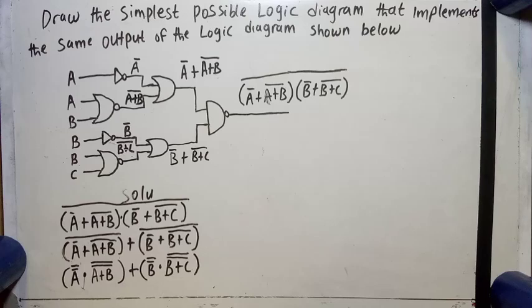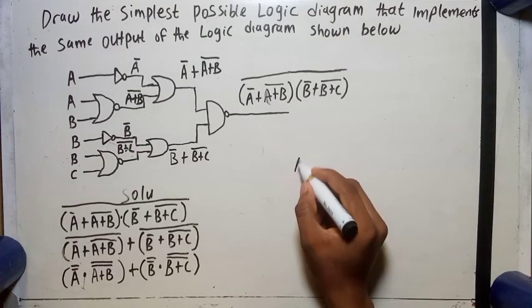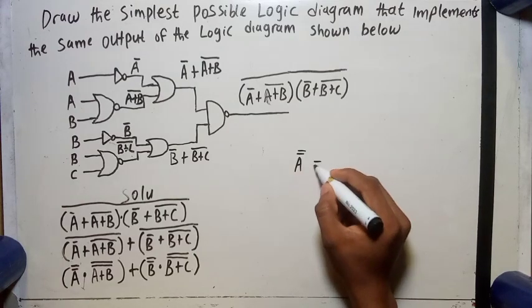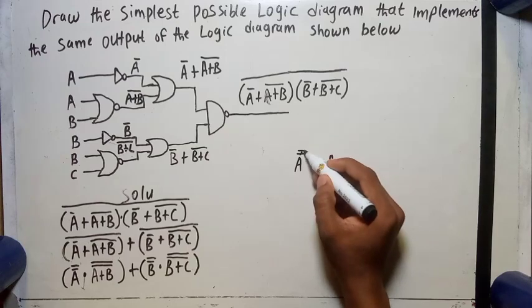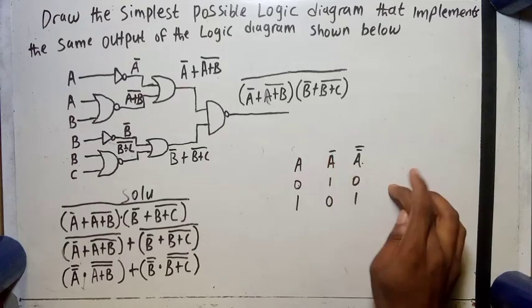Now, the issue is our B plus C bar bar. What does this bar bar mean? Bar bar will cancel out itself. So when you are having, let's say, A bar bar, it's equivalent to A. This bar will cancel out this bar.